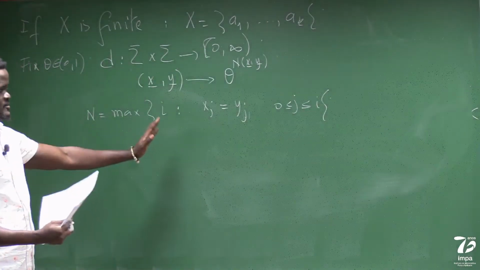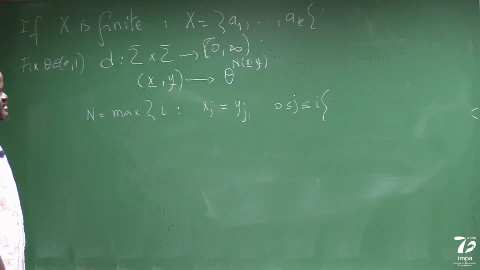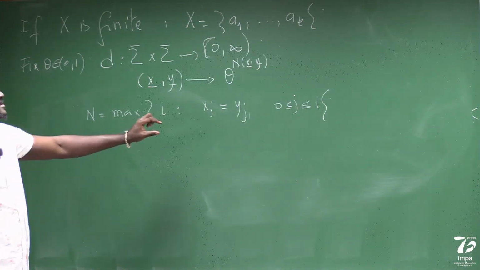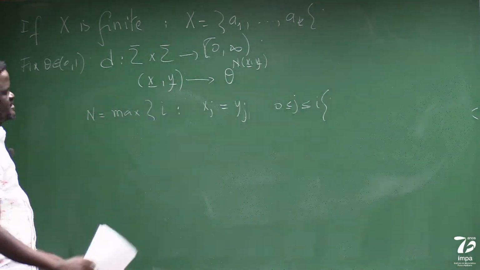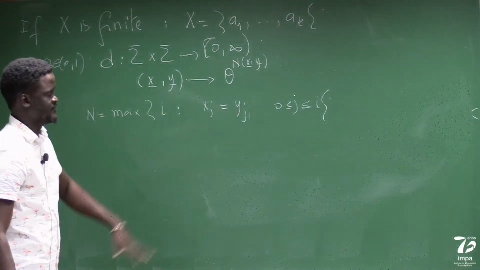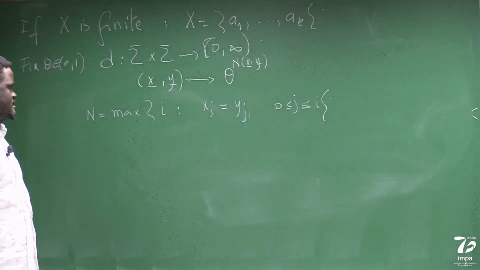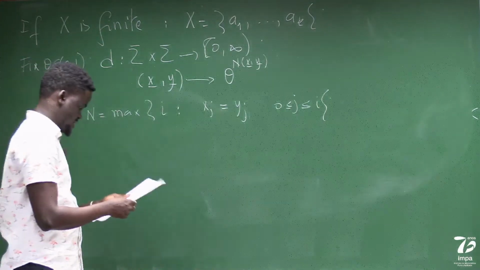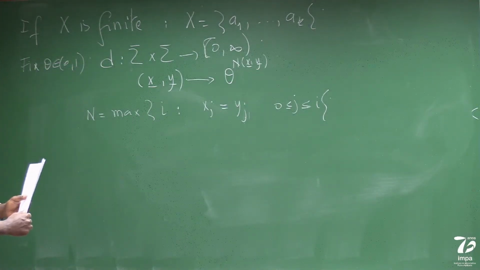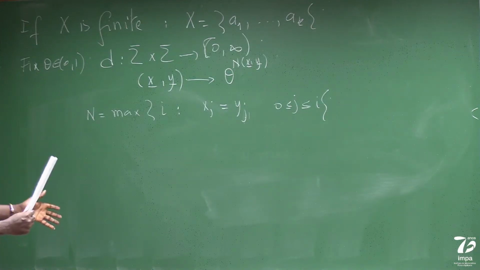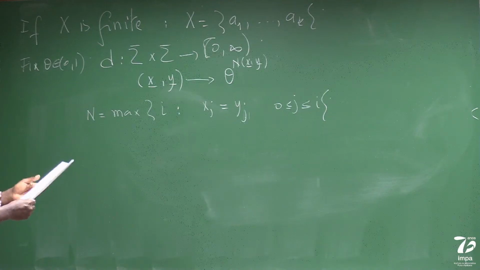So this is just counting the number of digits that are the same for these sequences. Two sequences are nearby if they agree on a large set of digits, the first n digits. So if n goes to infinity, this goes to 0. This defines a metric, and it also defines a topology that is given by the cylinders.